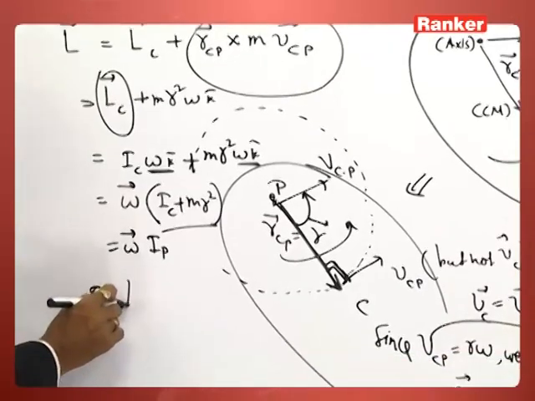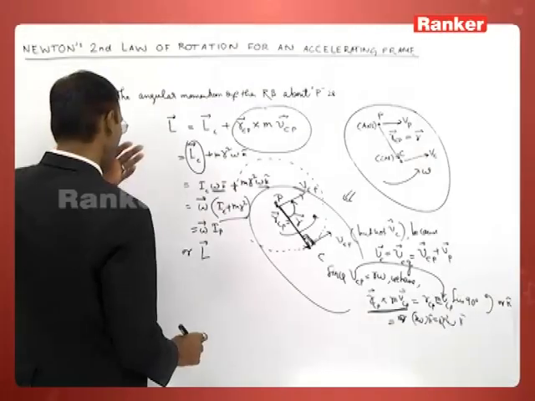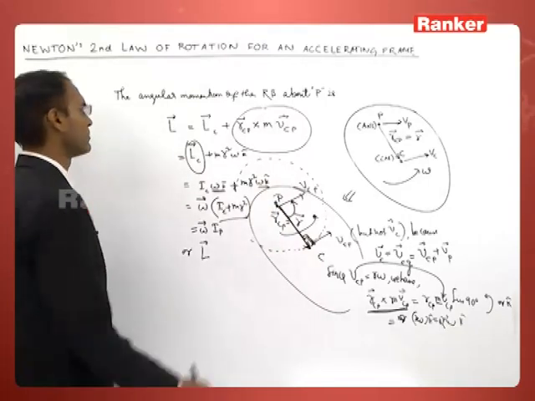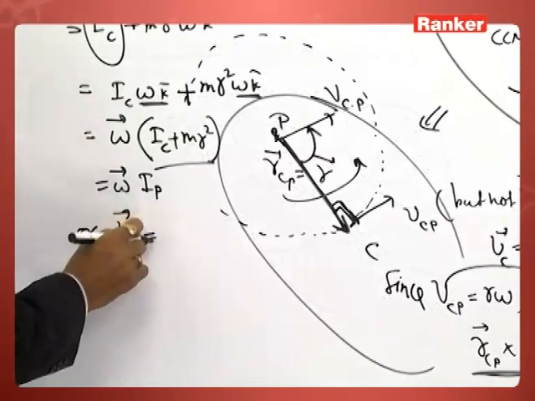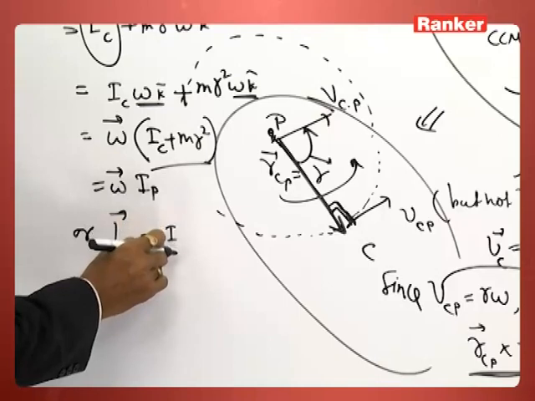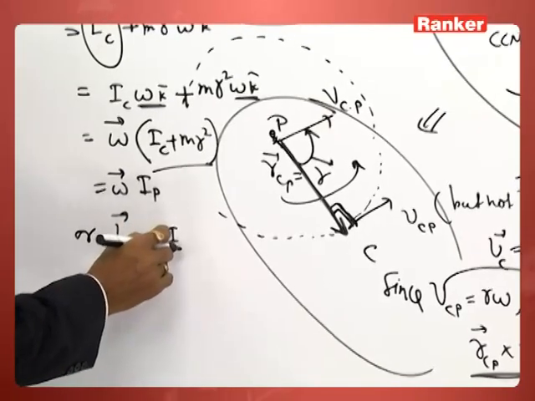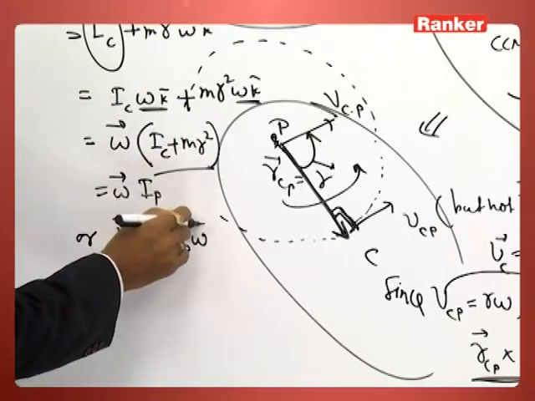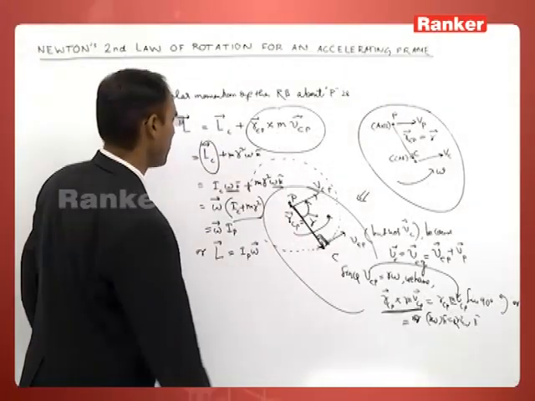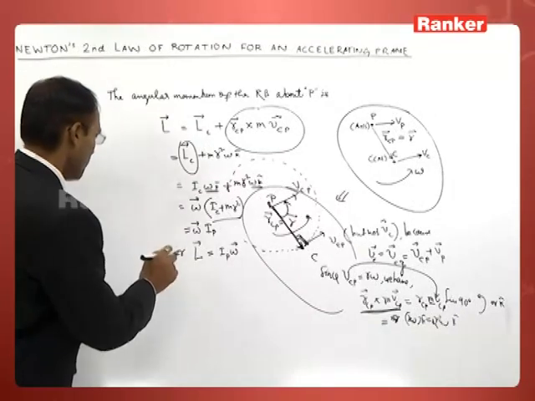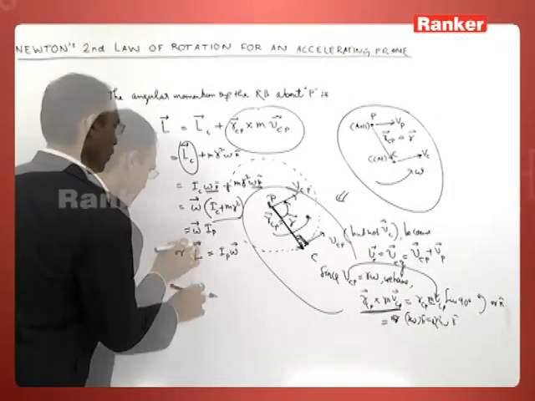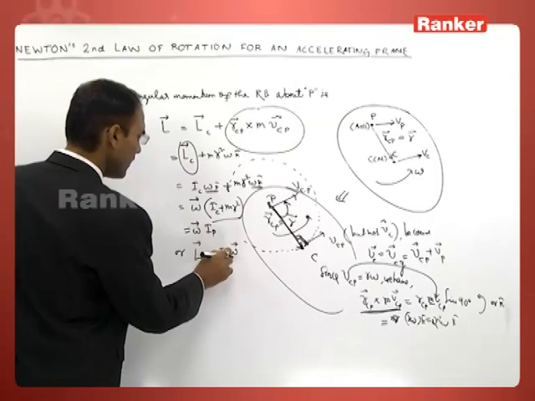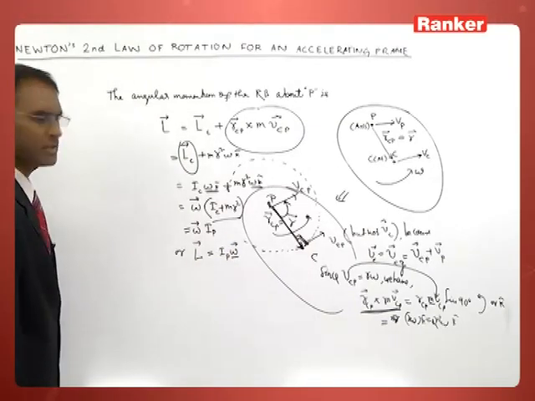Or we can write angular momentum of the rigid body about this point, L is equal to IP into omega. Well, the angular acceleration we can get only when we can get angular velocity.